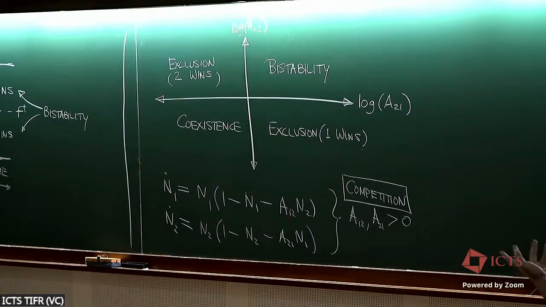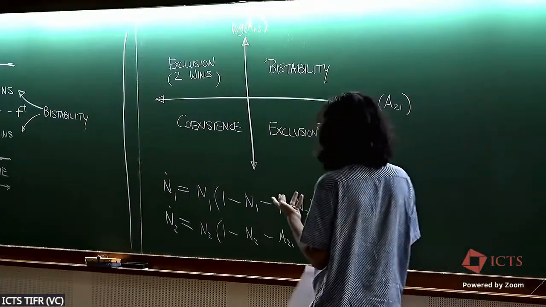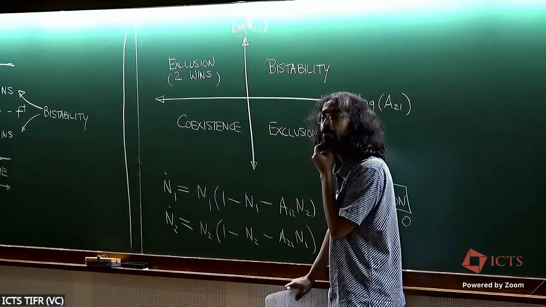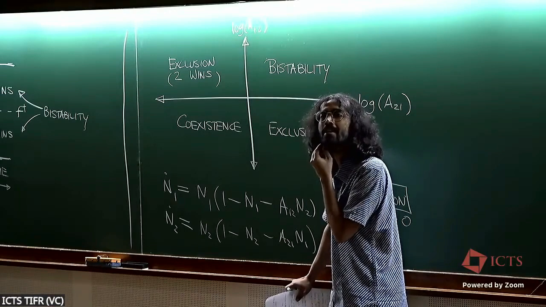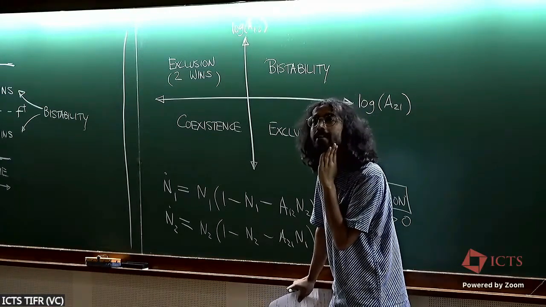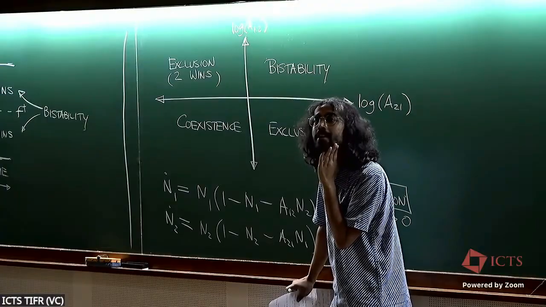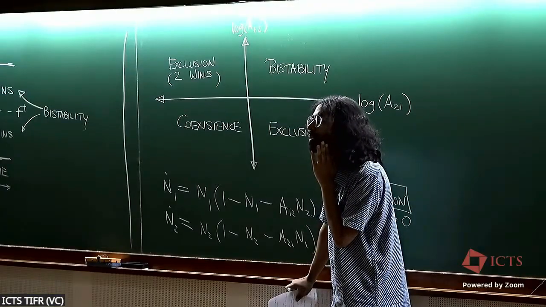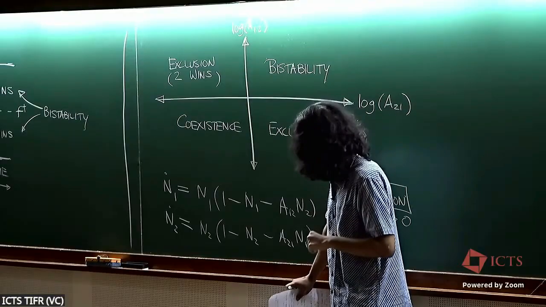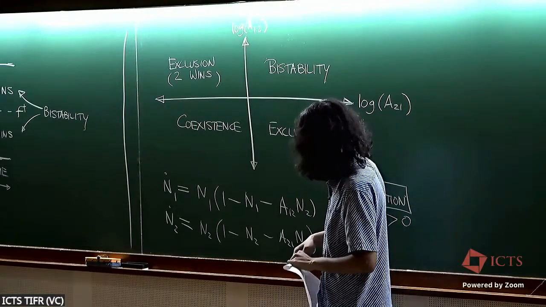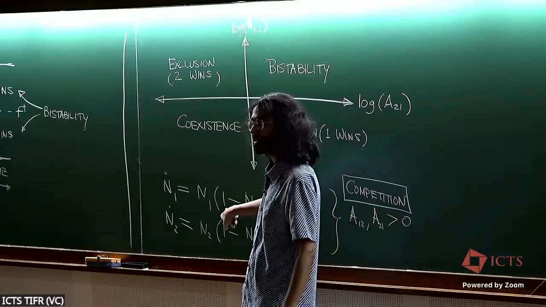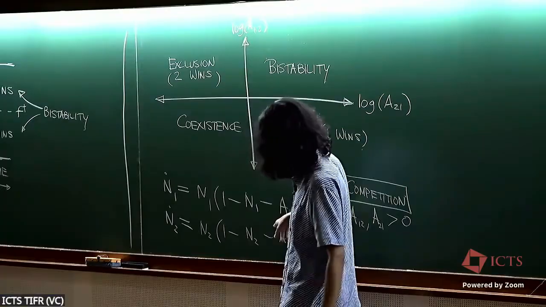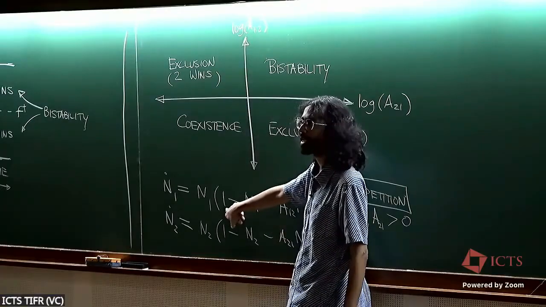Okay, and where does the scale of 1 come from? Sorry, can you be a little bit louder? Kappa. What's kappa? Right. So you're thinking that it comes from this carrying capacity. Okay. Why would that be? So what units would carrying capacity have?